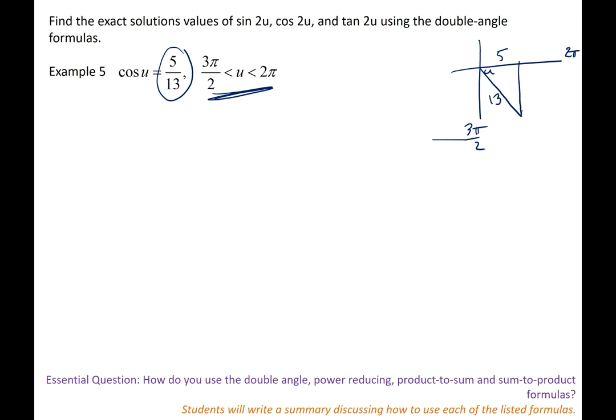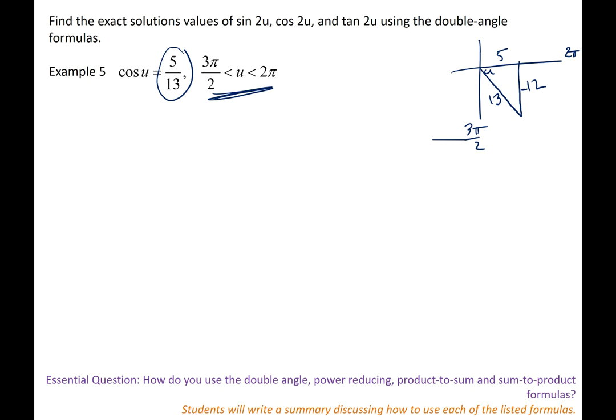What does that make this other leg? It's a Pythagorean triple. 5, what, 13. It's 12. But because we're going down, what should I put on the 12? A negative. So I have to be careful and make sure that my answers make sense for my quadrant.